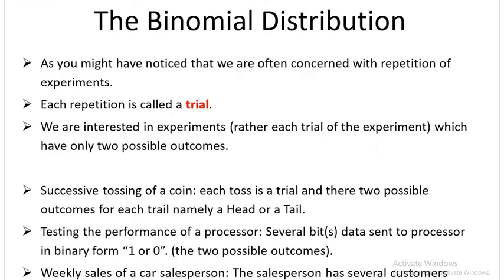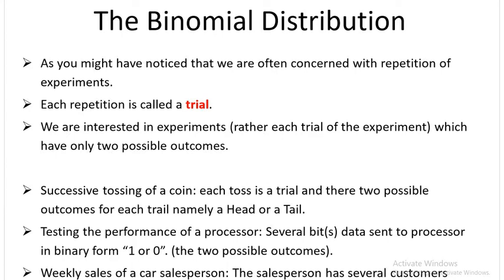As you might have noticed, we are often concerned with repetition of experiments. For example, we repeat a coin tossing, let's say 3 times, 4 times, 10 times, right? We can repeat this random experiment of tossing a coin. If I do it 10 times, then each toss of a coin will be called a trial.